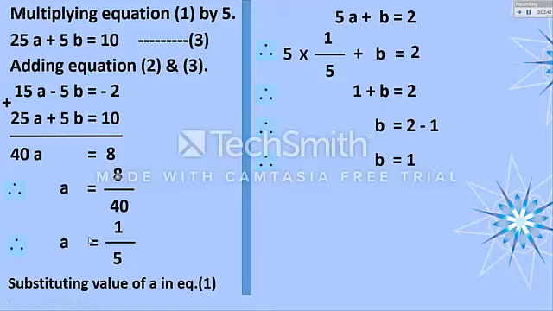Therefore, we substitute the values of a and b. The value of b is 1 divided by x minus y, and that value of b is equal to 1. Therefore, by invertendo, x minus y is equal to 1, and that is equation 4.